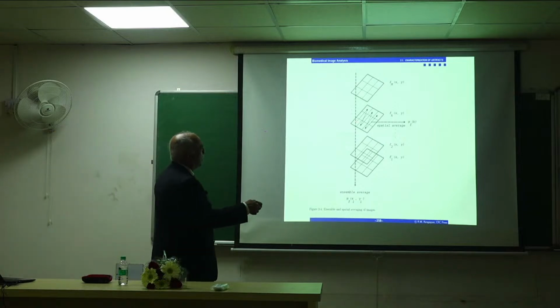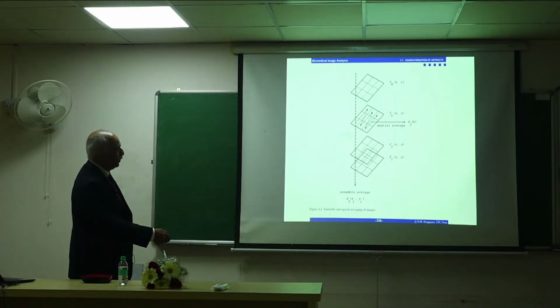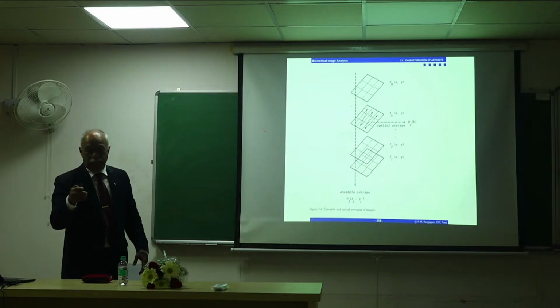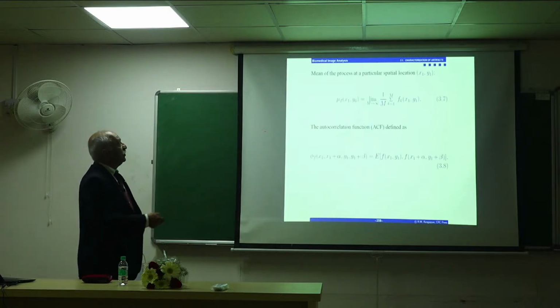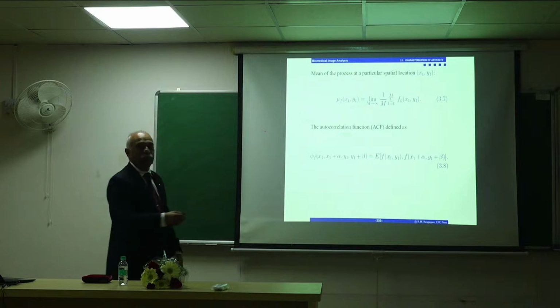You can also take spatial averages in one image, if you only have one image. But in an ensemble average, you go through multiple images to get mu_f of x1, y1 for one location, and do it for each pixel. So mu_f(x1, y1) is 1 over M, sum over k going from 1 to M, of f_k(x1, y1).